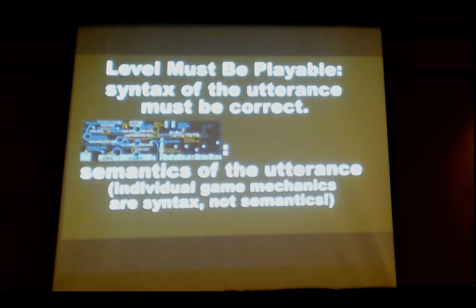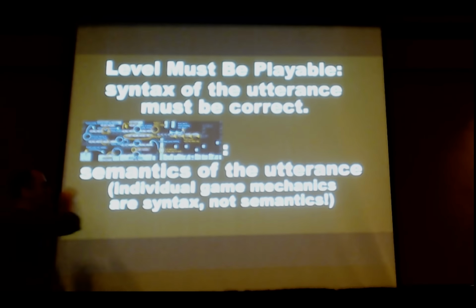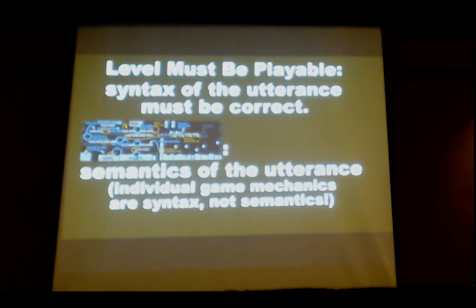But the semantics of a game level, under the definition that I'm putting forth, are actually pretty subtle. They're more subtle than semantics of linguistic communication, say. So these 15 or 16 circle-notated things are the semantics of the level.